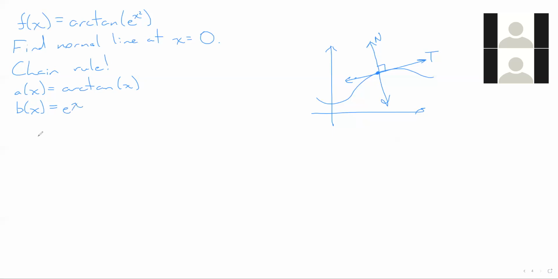And then I'm going to set this up for one more layer, because what's the last function going to be? x squared. So let's define this. This function is actually a of b of c of x, which is fine. So now that I've defined how this function is built in terms of smaller, simpler functions, how can we find that derivative?